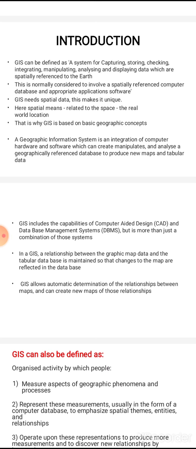In a GIS, a relationship between the graphic map data and the tabular database is maintained so that changes to the map are reflected in the database. Okay, so here the relationship between map data and database is maintained, because any changes that occur in the map are reflected in the database.